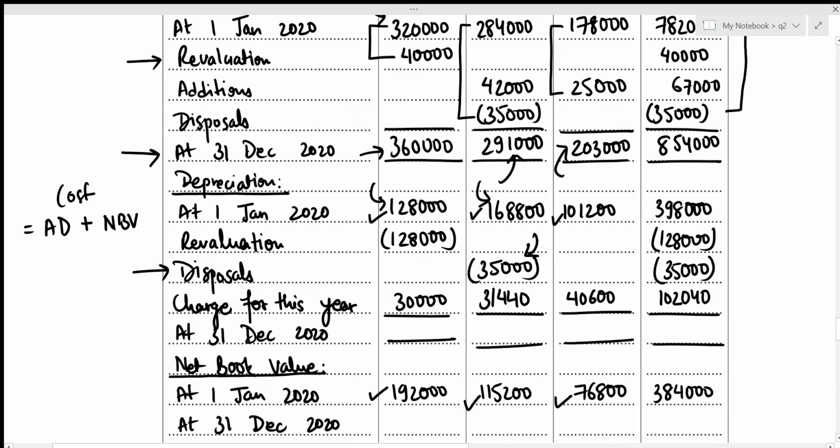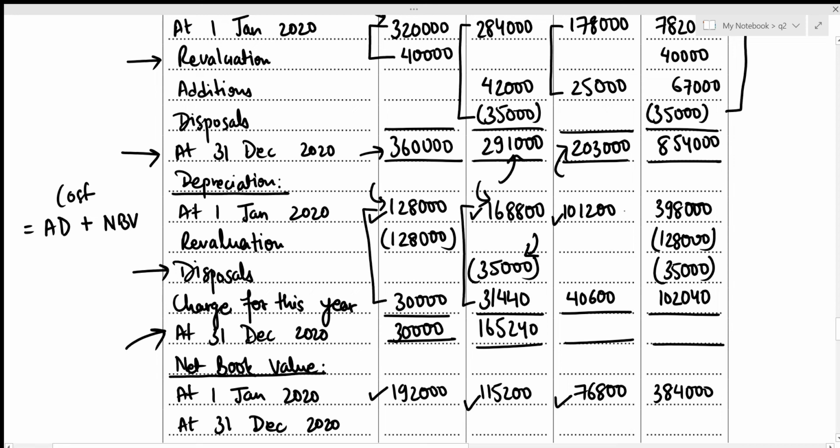Now we can easily figure out the accumulated depreciation at the closing date. For property, that's going to be the sum of these three amounts, 128,000 minus 128,000 plus 30,000, which results in 30,000. For plant and equipment, that's the sum of these three amounts, so that's 168,800 minus 35,000 plus 31,440, which results in the accumulated depreciation to be 165,240.